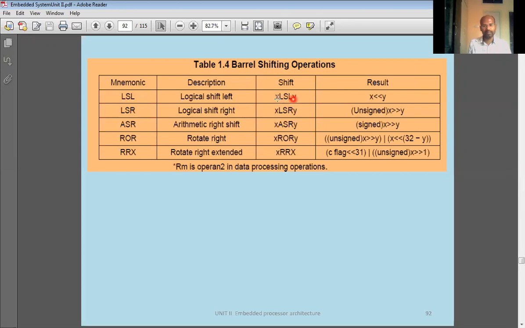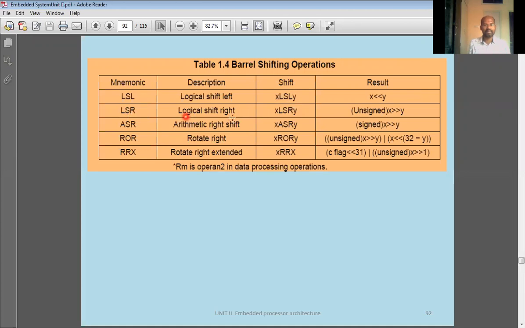If we have some data X and left shift it by Y, the data in X will be left shifted by how many times? By the data present in Y. Let's say number 8 is present in X and number 2 is present in Y. So 8 will be left shifted 2 times, because 2 is present in Y. That is what the left shift operation is.